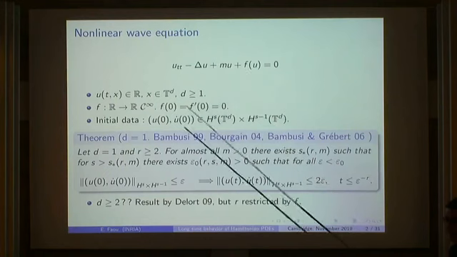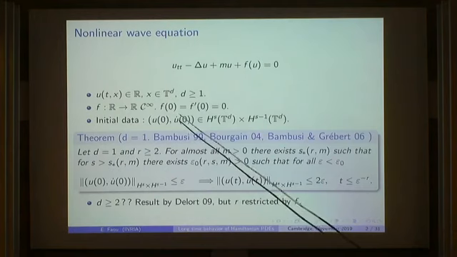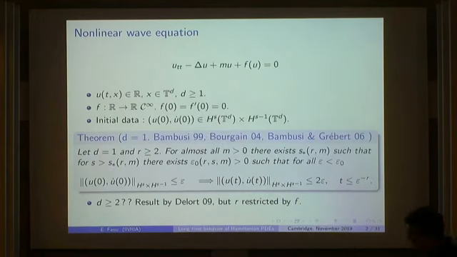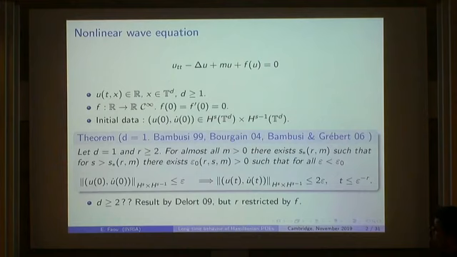You add an m, and you add a nonlinearity, f of u, which you might think to be u squared, u cubed, u to the 4. Polynomial, and with a 0, or at least 2 in 0. I assume periodic boundary conditions, and the dimension plays a role.